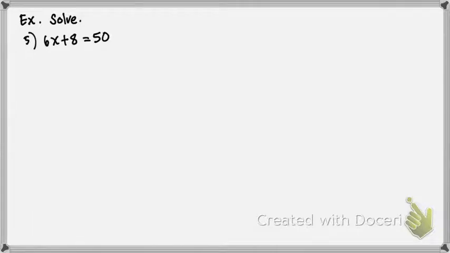So let's jot down a little quick note. We're going to start with, as we mentioned, undo adding or subtracting, and that's going to remove the constant.